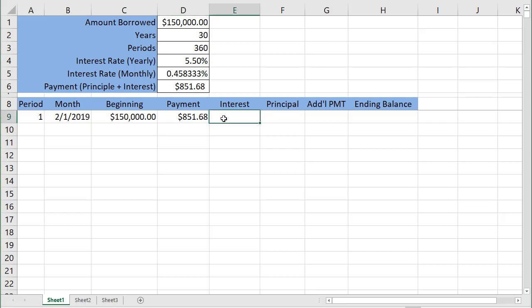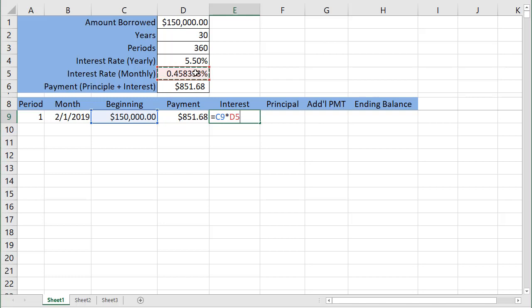Next, I need to calculate how much interest I'm paying. The way that the bank calculates this is they take, well, what is the principal amount I have at the beginning? So that's $150,000, and they're going to multiply that by the monthly interest rate, which we calculated up here, which is that 0.458333%.